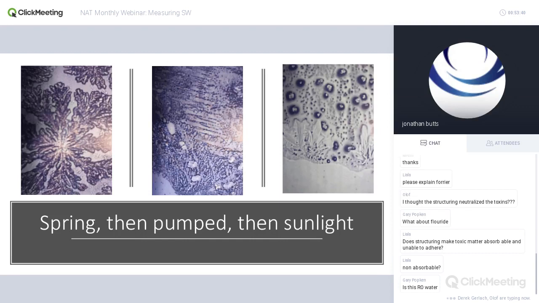So, the question is, is this RO water? No, but we will be looking at some RO water, and there's some interesting stuff there. There's been a lot of talk and bashing of RO water, but it turns out that RO water has some issues, but it really makes a unique structure that's not bad.